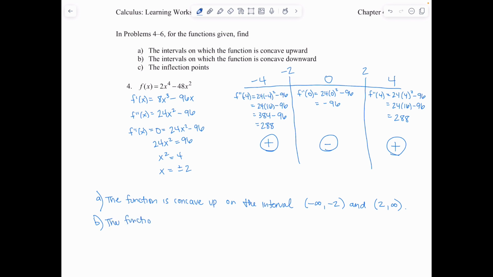The function is concave down on the interval from -2 to +2.